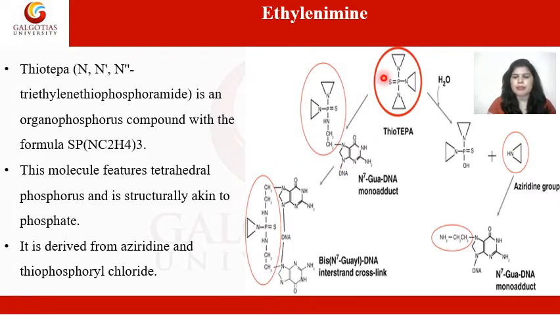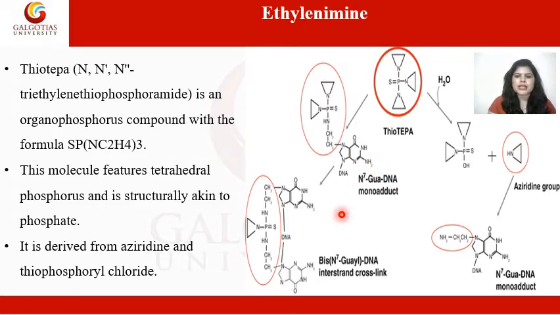Look at the mechanism of action. This is thiotepa. On hydrolysis, it gives one free aziridine group, and this aziridine group makes a covalent bond with the nucleotide base of the DNA. This is another pathway where the thiotepa aziridine ring is opening and makes a covalent bond with the 7th position of guanine, which is a DNA monoadduct.